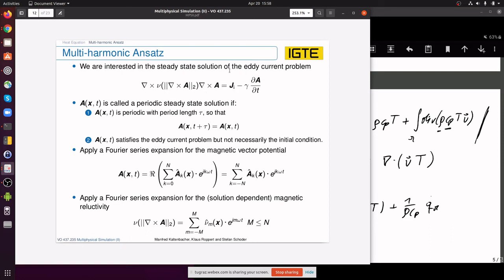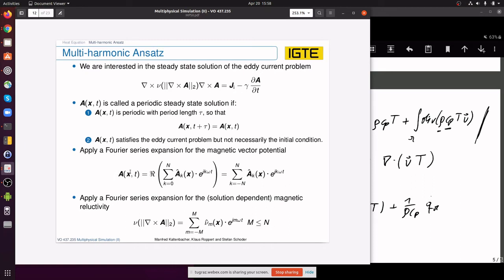If we want to transform this equation into frequency domain, we cannot simply replace the time derivative with j omega, because we have this nonlinearity here. So in fact, we have to apply a Fourier series expansion not only for the magnetic vector potential, but also for the magnetic reluctivity.